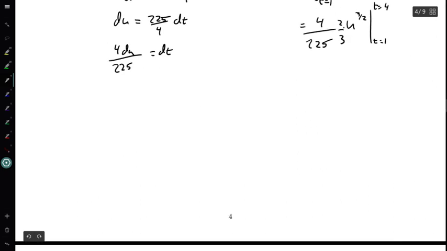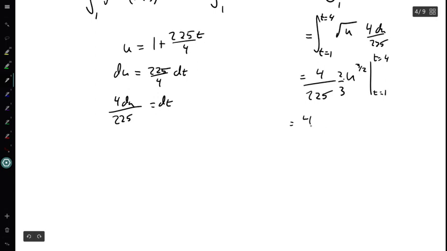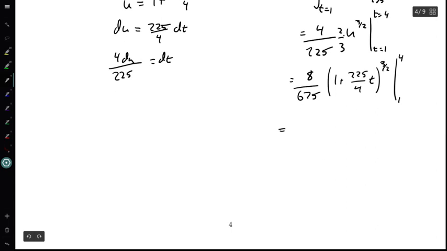So that's going to leave us with, let's see, 4 out of 225, or 4 times 2 is 8 rather, 225 times 3 is going to be 675. U, we said, was 1 plus 225 out of 4 t to the 3 halves, evaluated from 1 to 4. And now we can actually go ahead and compute. So 8 out of 675.